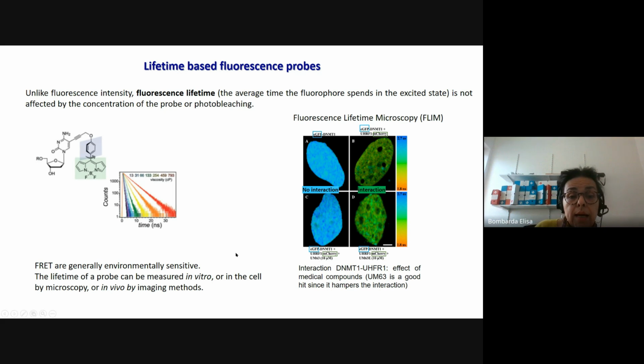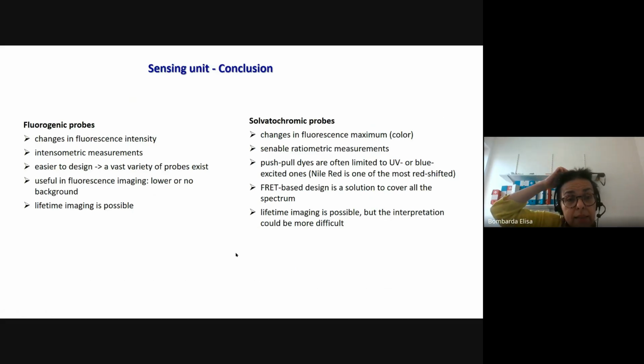Okay, so I see that with this overview about the general probe we can end. Just some conclusions, just to fix the concept about the fluorogenic probes, where we follow intensity.